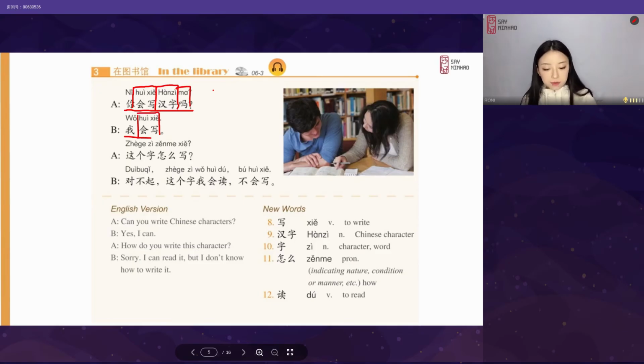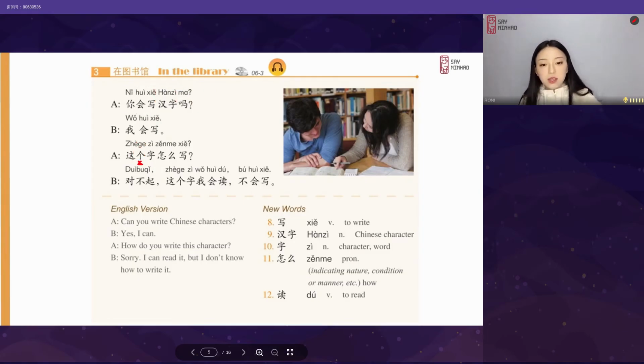And 这个字怎么写？这个 means this. 个 is a very general measure word, and please pay attention to the 个 here. It is a neutral tone.